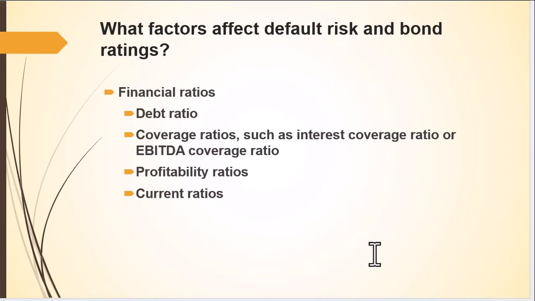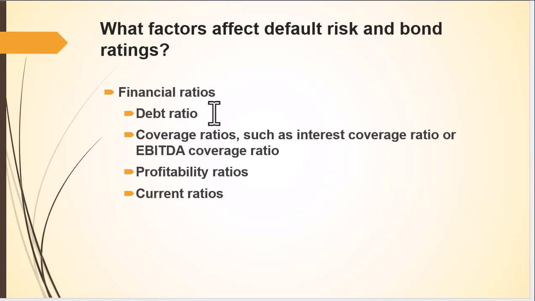So what factors ultimately affect this default risk in bond ratings? How can we analyze this? We can look at some financial ratios, and that's what we'll do in the next several slides. Certainly the debt ratio: how much debt does the company have? That will affect default risk. The more debt you have, the more chance things will go south and you may default.